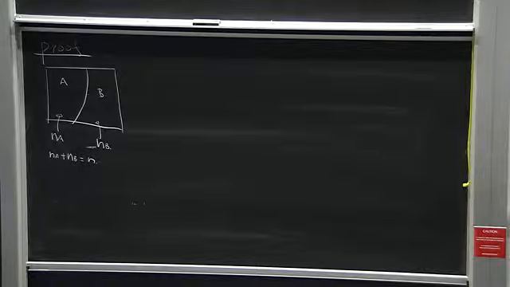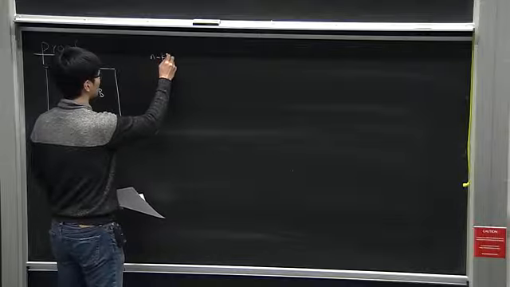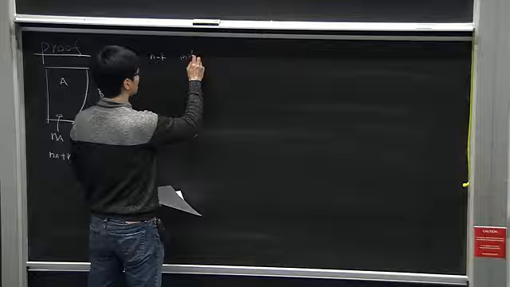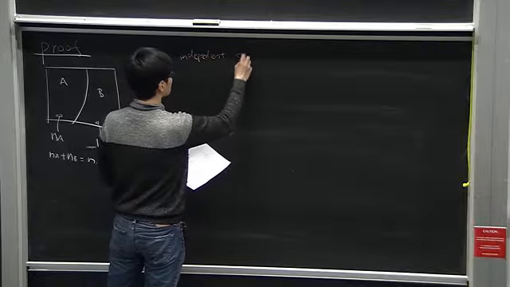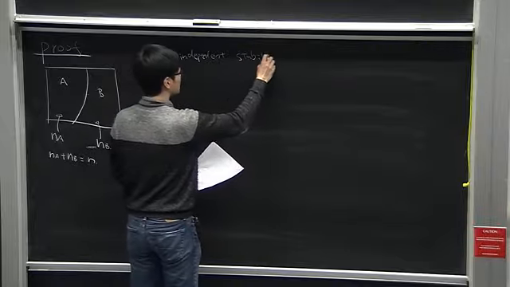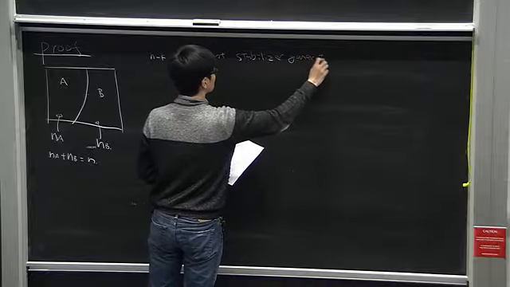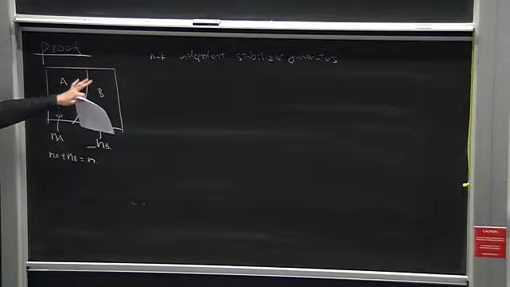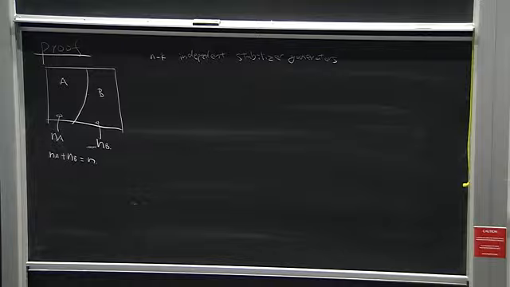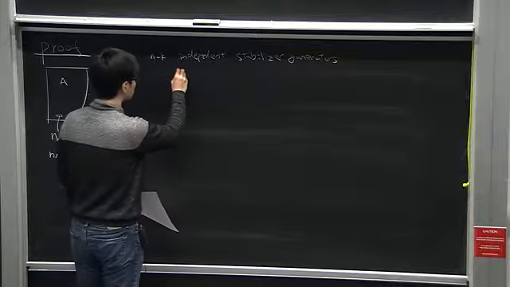Now, the important observation is that there are n minus k independent stabilizers. Of course, this choice of a set of independent stabilizer generators is not unique, but it turns out that you can choose these stabilizers in the following way.